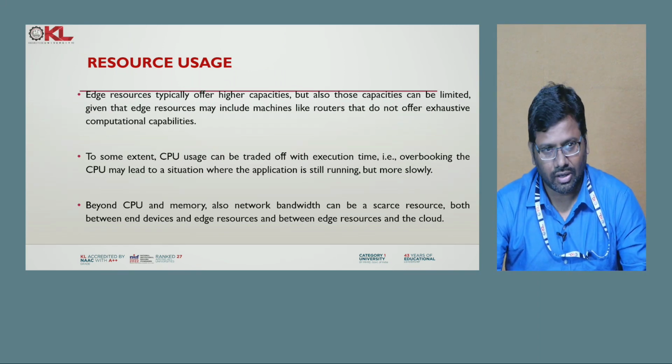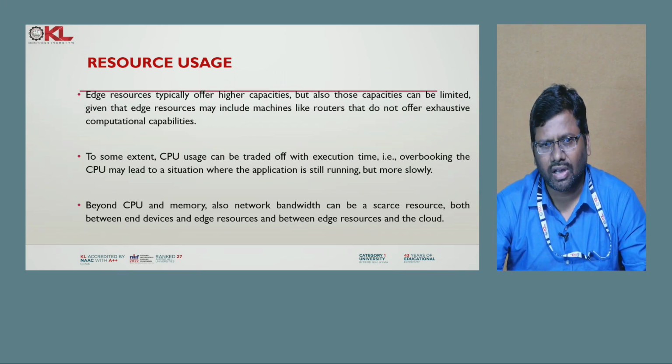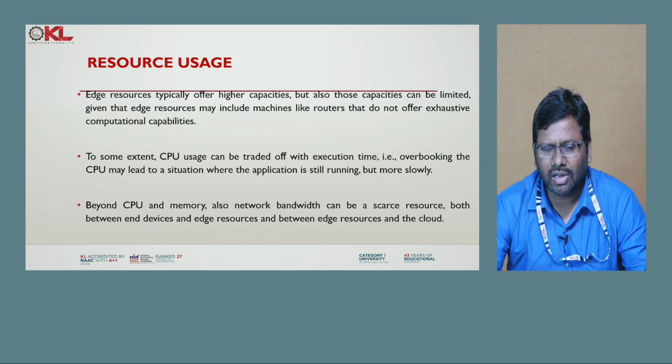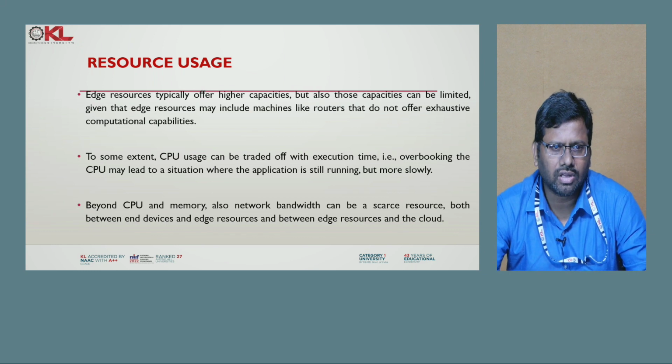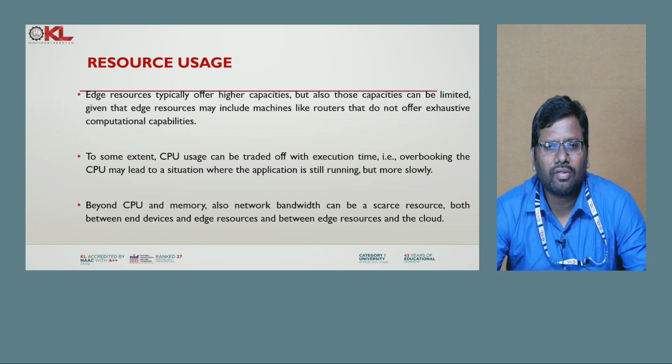We come across certain scenarios where an application demands more resources, but at the start of the run the resources may not be available, though in the middle of the run we could provide them. That could be another scenario. Here, edge resources typically offer high capacities.